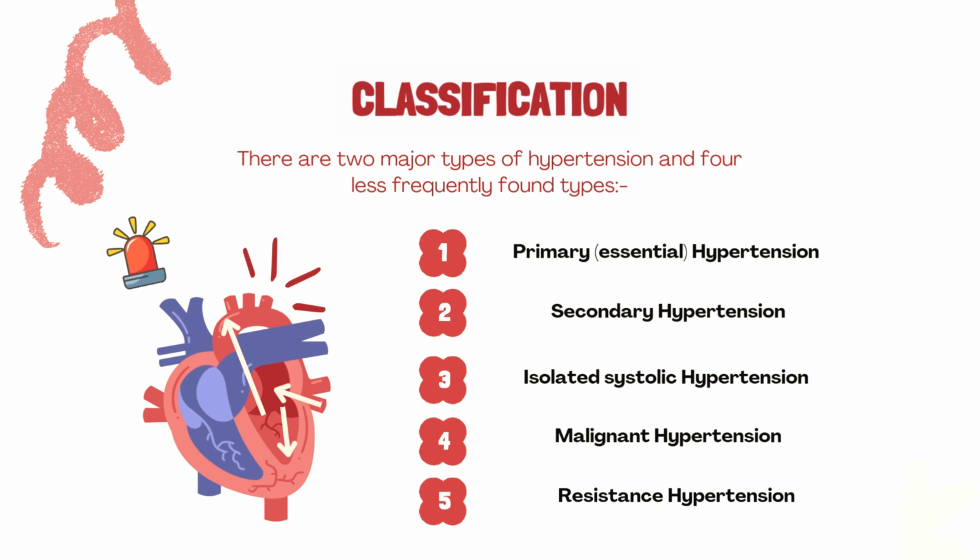Next is secondary hypertension. About 5 to 10% of people have secondary hypertension. The less frequent types are isolated systolic hypertension, malignant hypertension, resistant hypertension, and also hypertension during pregnancy.